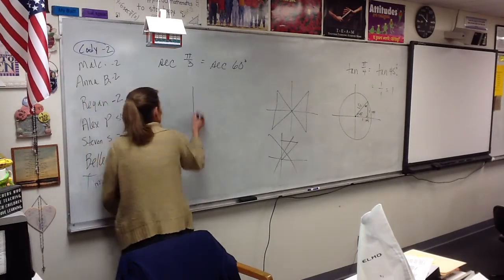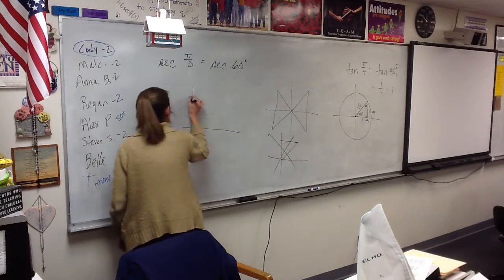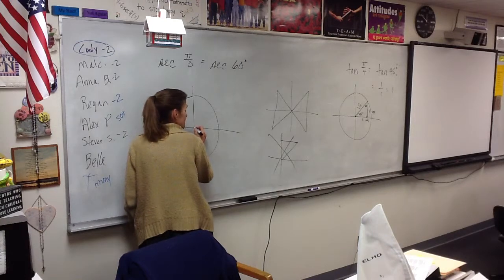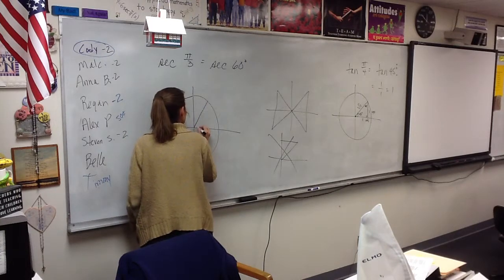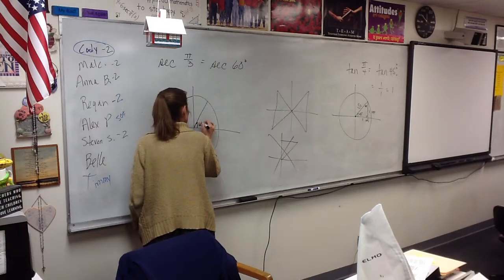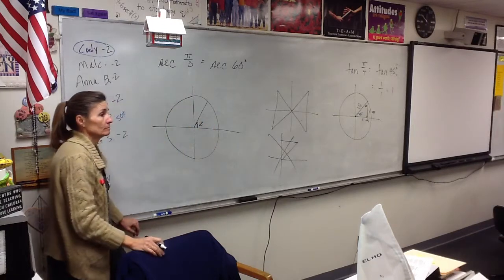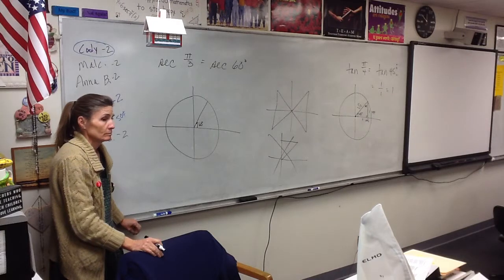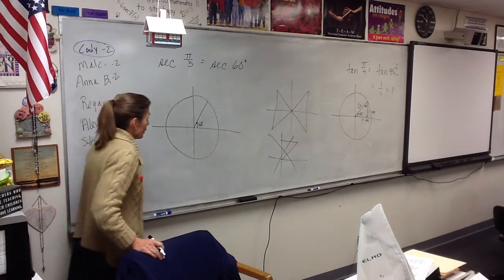So are you drawing your circle and drawing your angle inside that circle? That would be what, 60 degrees would look something like this? What do I do next?